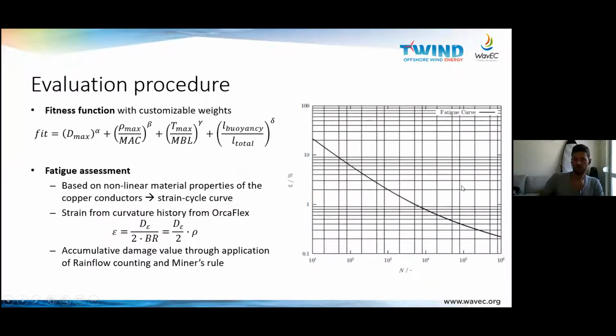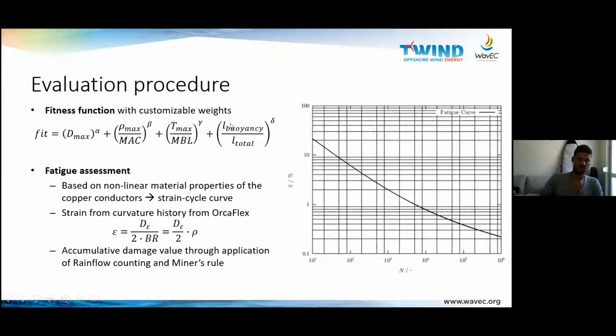How do we apply all these design criteria into one optimization function? Well, that is the fitness function that you see. It is just the sum of the normalized design criteria.